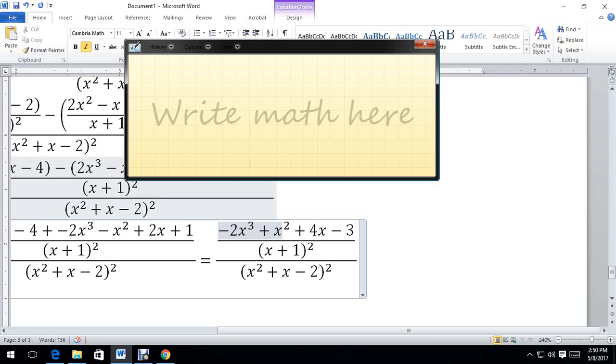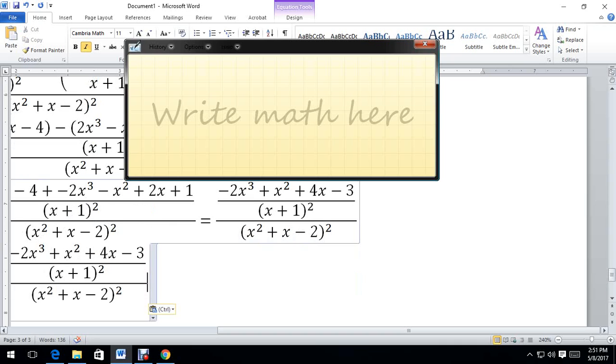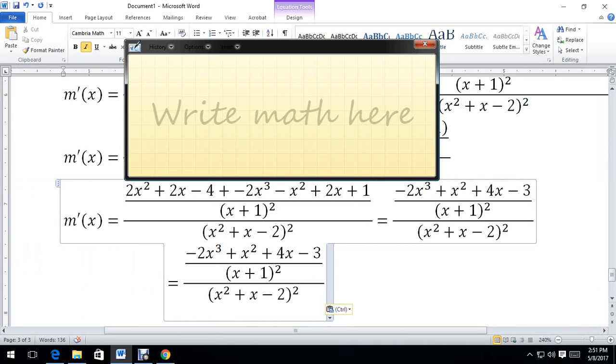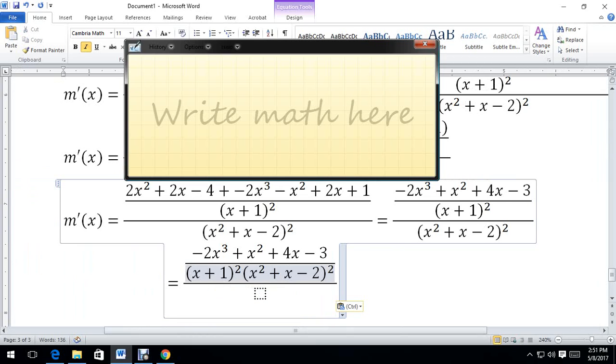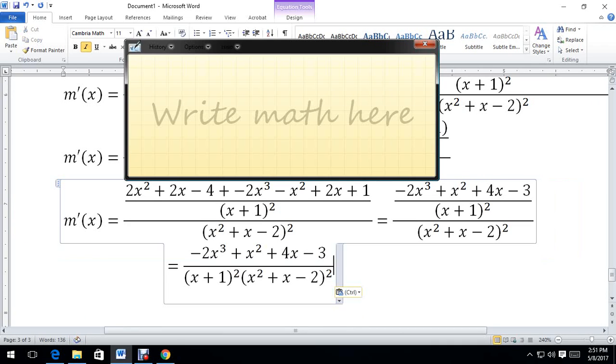So what we can do further is to simplify this by dividing these two, not necessarily performing the division, but writing it into a single fraction, having a single expression for the numerator and a single expression for the denominator. So doing that, we can arrive at this form of the fraction, equal to this form.